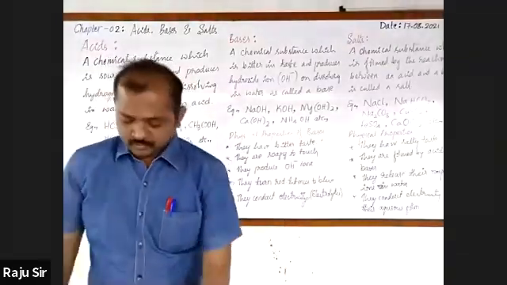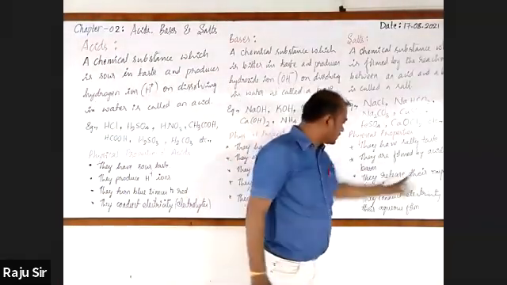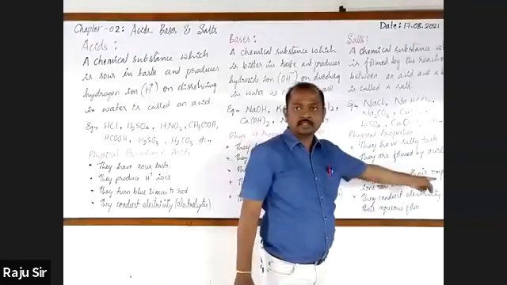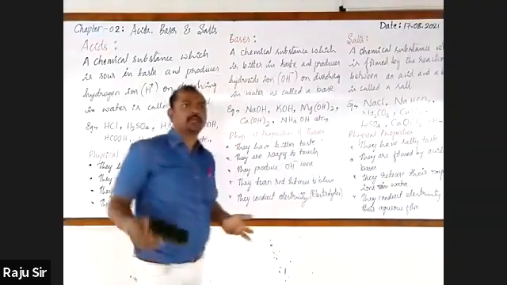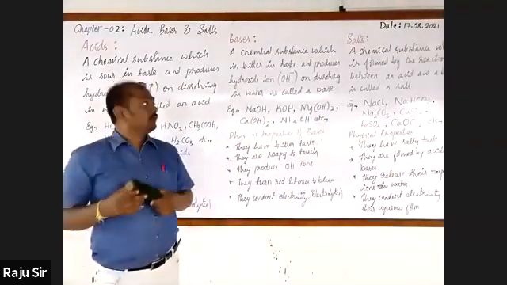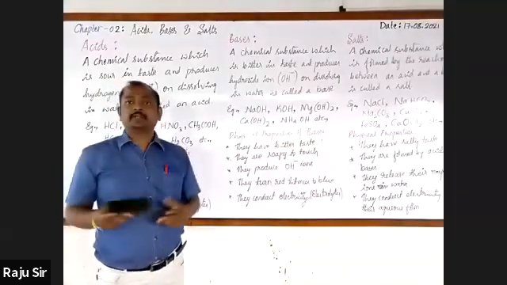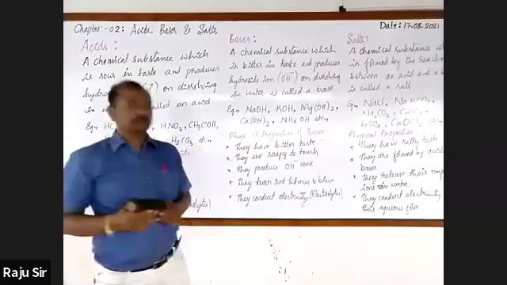Sir, what is the third point? They release their respective ions in water. For example, name the ions formed when iron sulfate is dissolved in water. In an MCQ, what do you write?